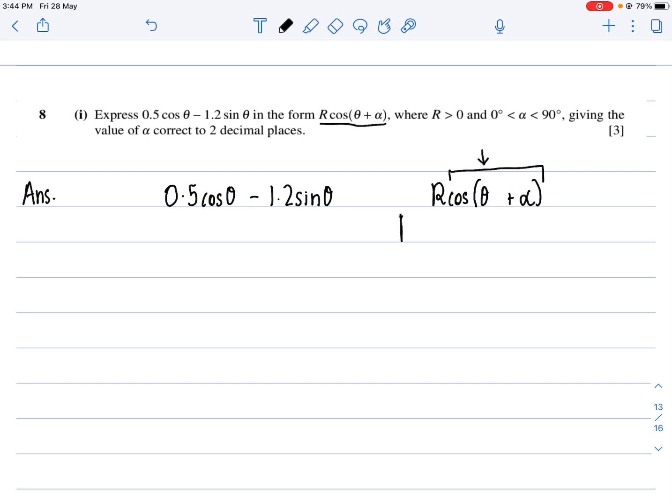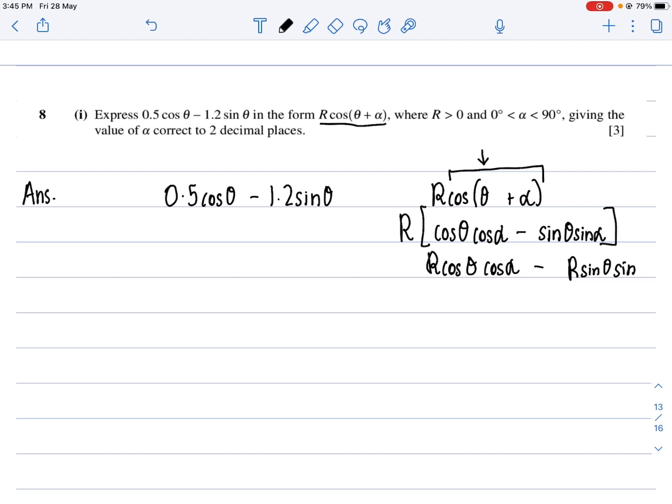So I can write this as r into (cos theta cos alpha minus sin theta sin alpha). So I can write this as r cos theta cos alpha, minus r sin theta sin alpha.